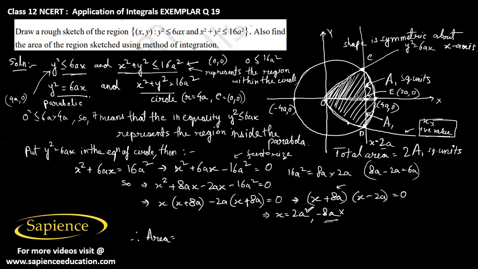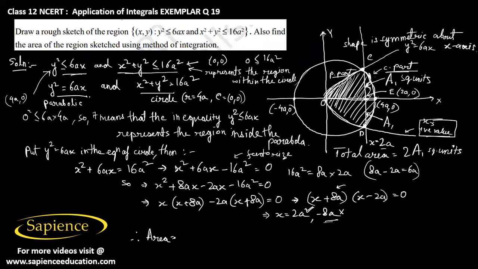Now this part is the parabolic part, and in this region this is the circular part. So we need to integrate the parabolic part separately, and the circular part separately.